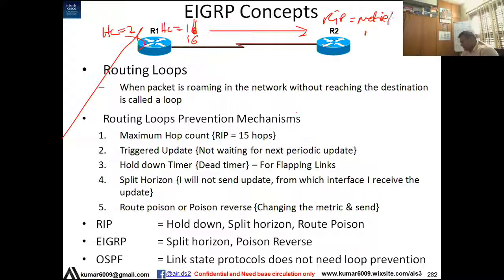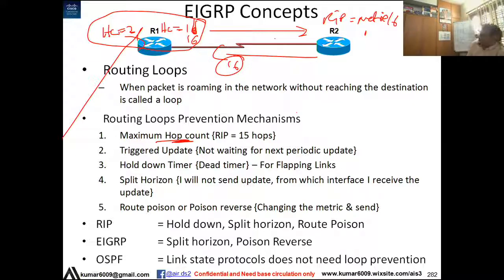Discard. There is a maximum hop count concept, right? Maximum 15. Now it is 16. So what did he do here? He poisoned the route. This is called route poisoning. Reverse also you can do. You are getting 2, you send it back with 16, you delete the route. Poison reverse. Basically, I will increase the metric in such a way that the update goes and deletes that route. That is route poison. Understand?